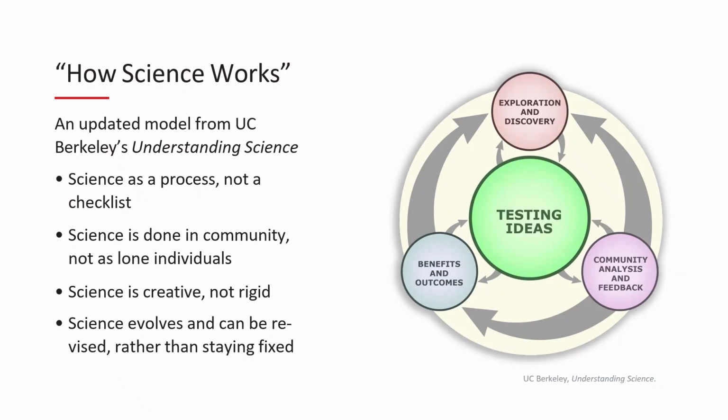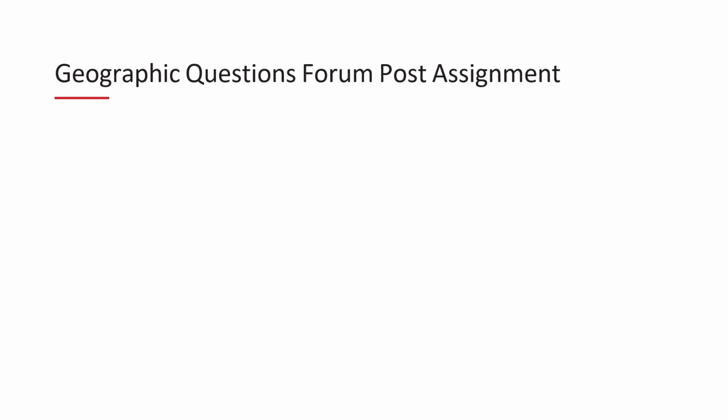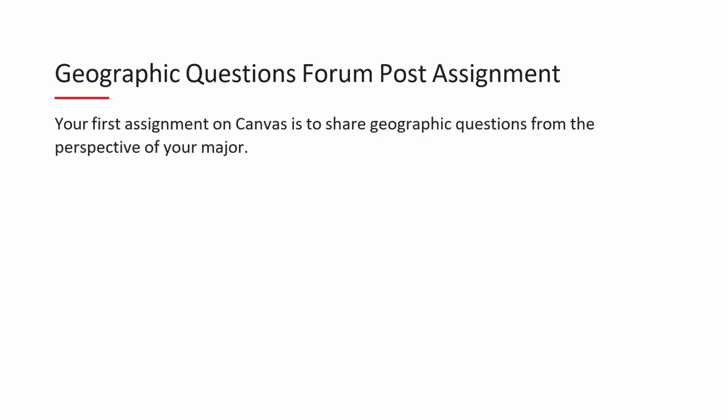On Canvas, you'll find your first forum post assignment. Your task is to draft and share geographic questions from the perspective of your own major. Whether you're pursuing a degree in engineering, business, or art, you can ask where and why there. I won't ask you to actually conduct the research, so feel free to go as big as you want.